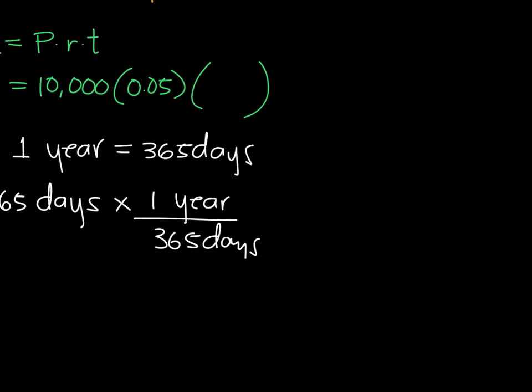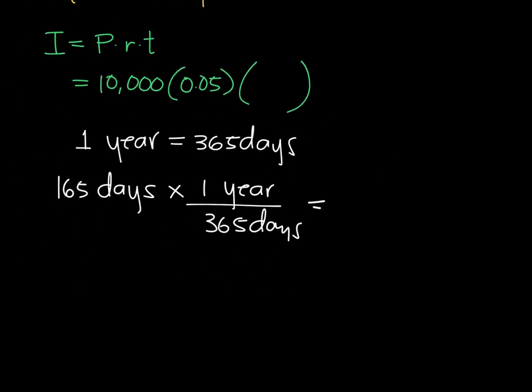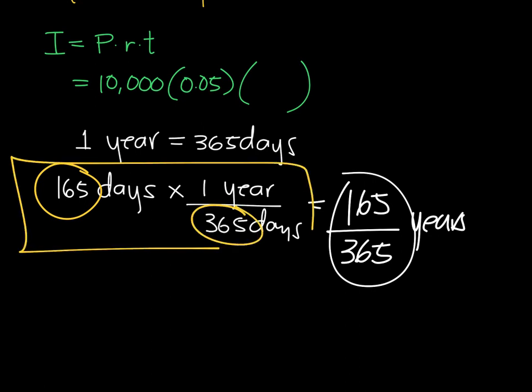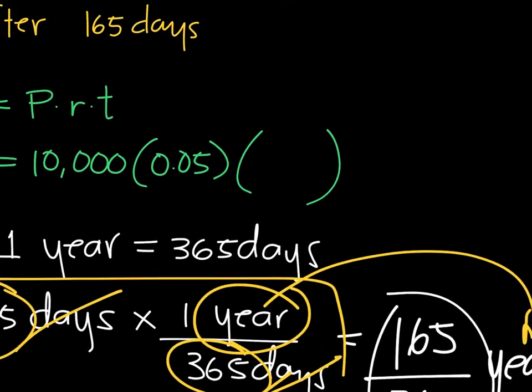The time that we need to use is 165 over 365 years. So this is the number that we have to place. No more days. The unit of time is in years. So we place that number.